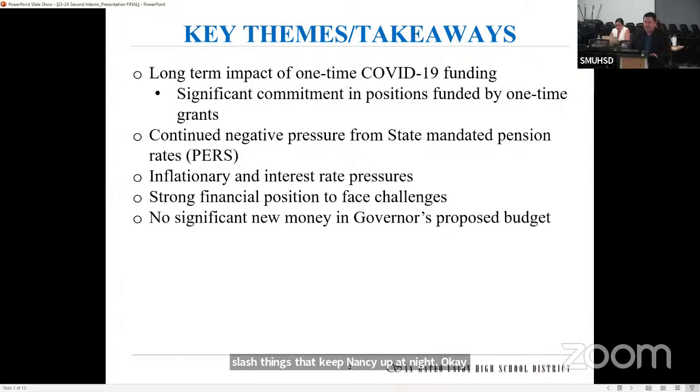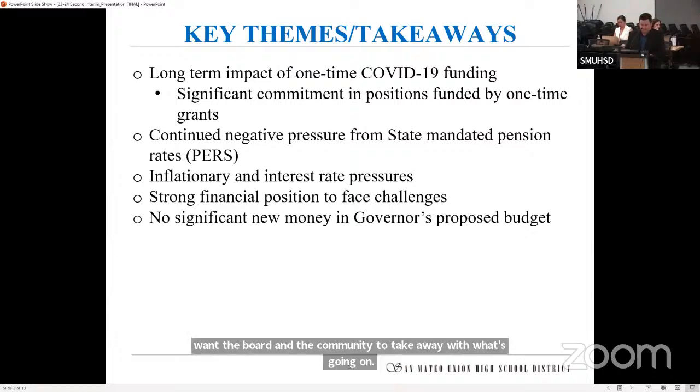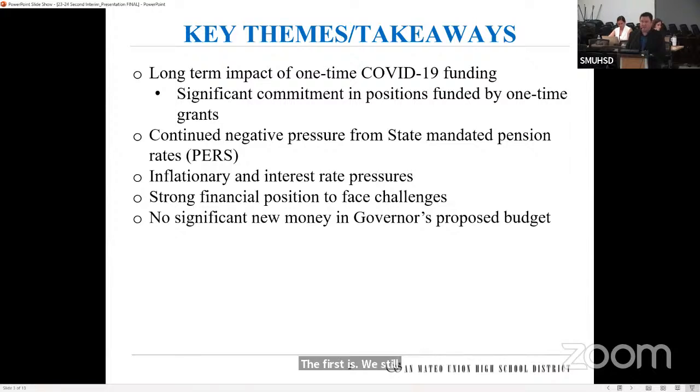All right, if you're going to stop listening to me soon, just listen to this slide right here. What are the key themes and takeaways that I really want the board and the community to take away? The first is we still have long-term impacts of the one-time COVID-19 funding.